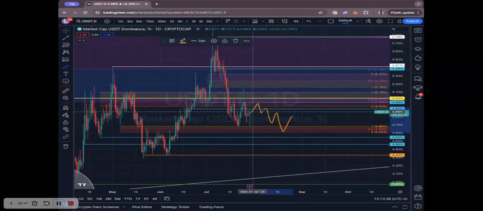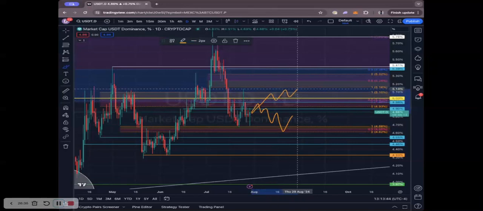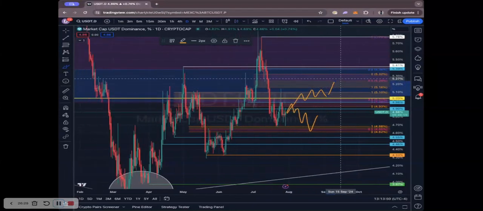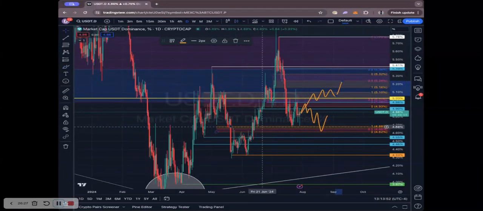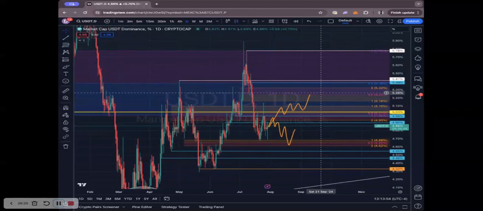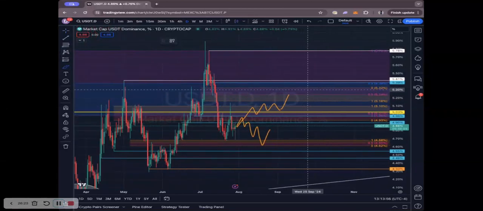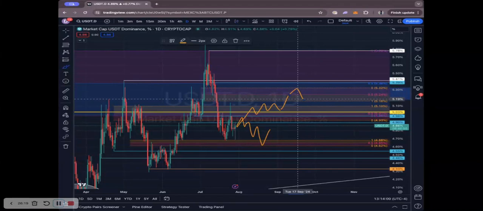However, if we decide to break 5% and start consolidating slightly above it, it would indicate that we are going to be taking the higher range, and then we should be worried, with the next range high at 5.26 being where we want to see the next rejection.